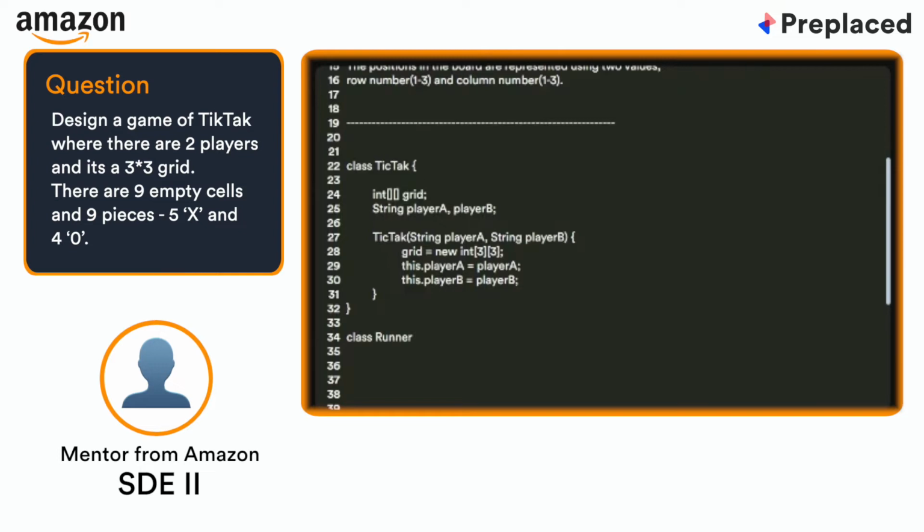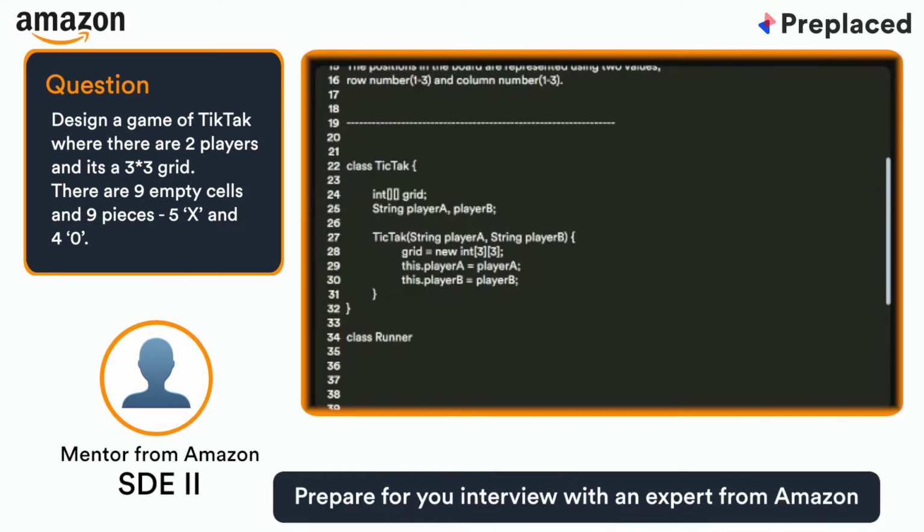Why do you think we shouldn't have a player class as well? Because a player has only the property of name, and it could be used as a string itself. And it's like a toggling, right? If one player has played once, the next player will play next. So I don't think we are required to create a new object for this particular use case, at least.